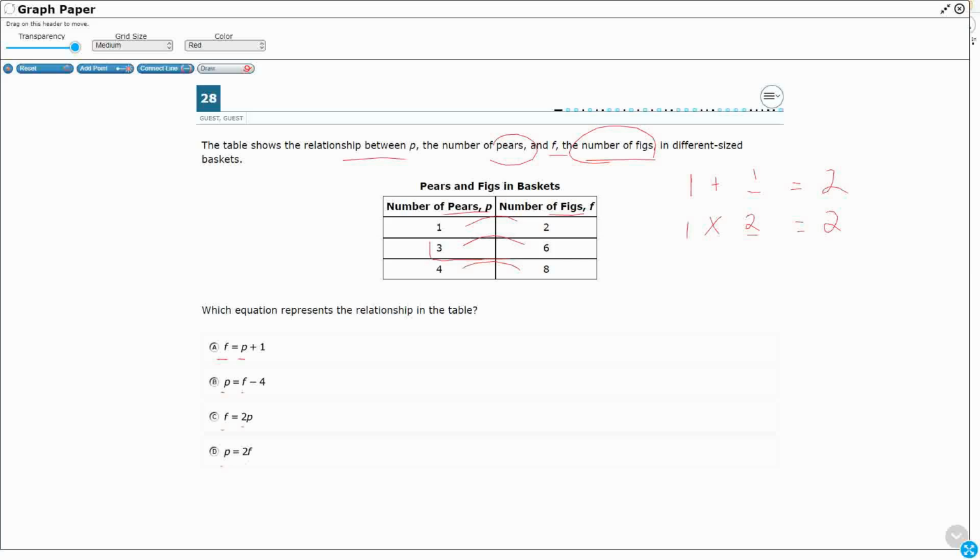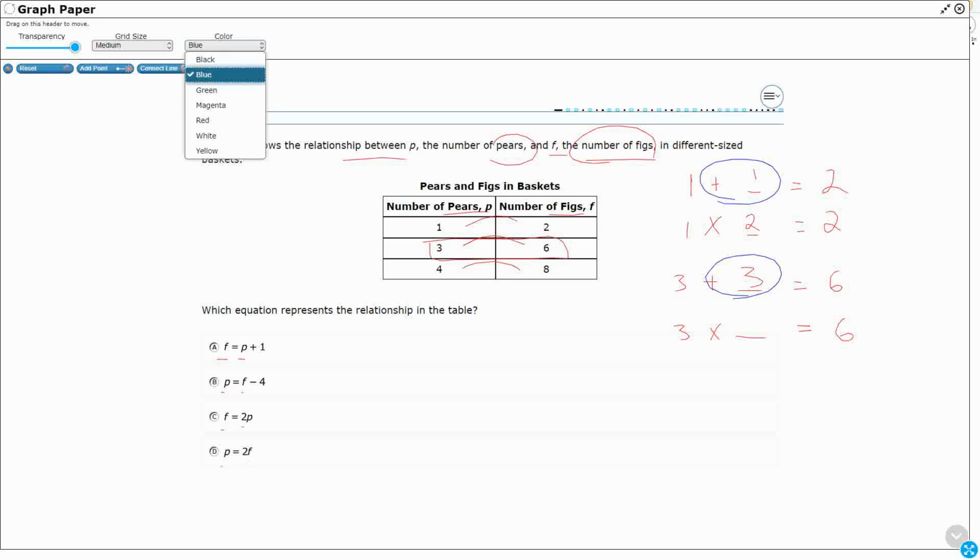But let's do the second row. 3 plus something is going to make 6. 3 times something also makes 6. I would have to add 3, which is not going to work, because I had a plus 1 there and a plus 3 there. I need that same pattern.